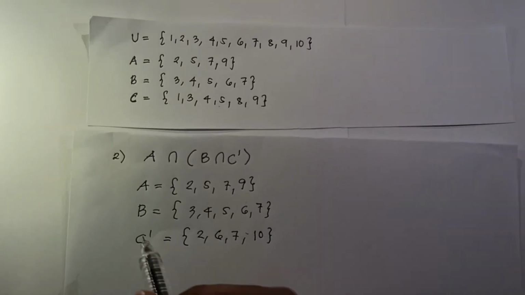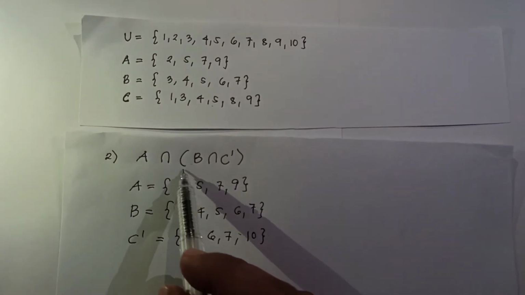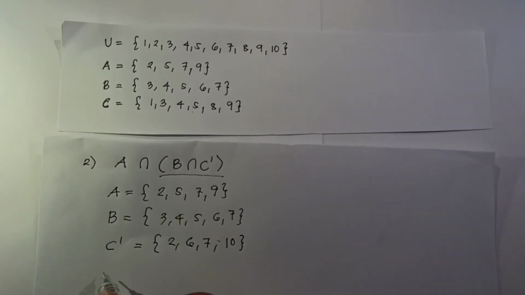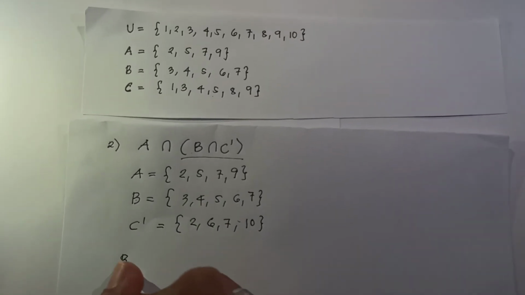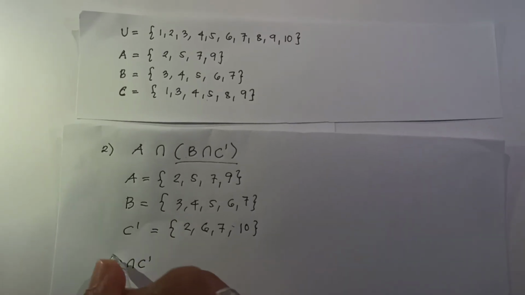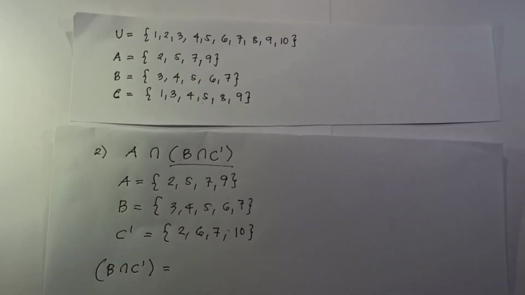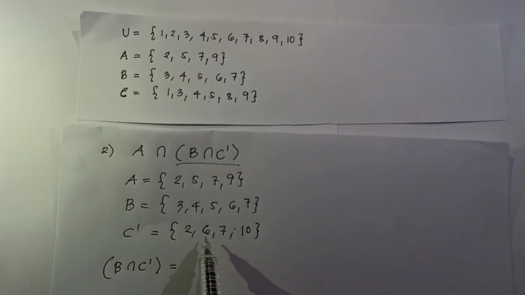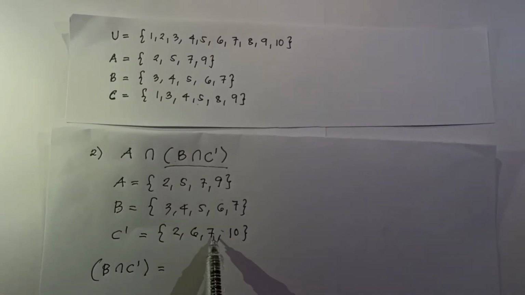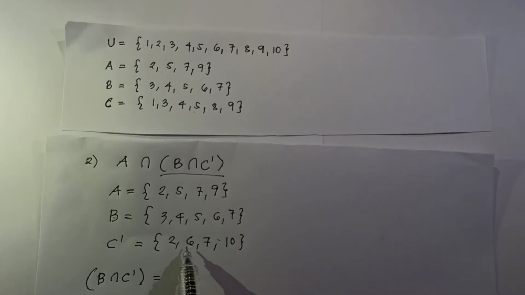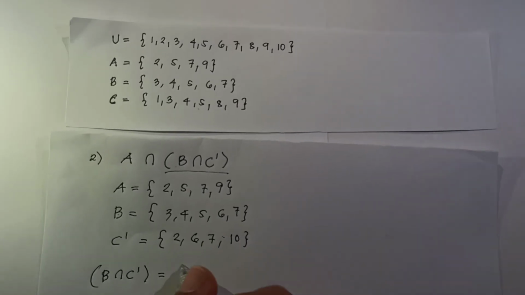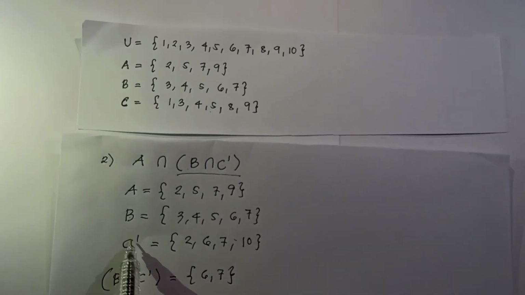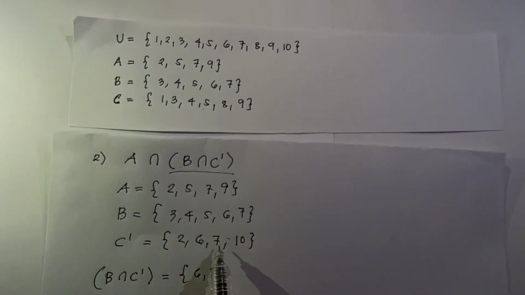So in this case, we have first B, the innermost part, so we're going to solve this first. B intersection of C prime. So ano po ang intersection between C prime? The common is 6 and 7. So the common between B and C prime is 6 and 7.